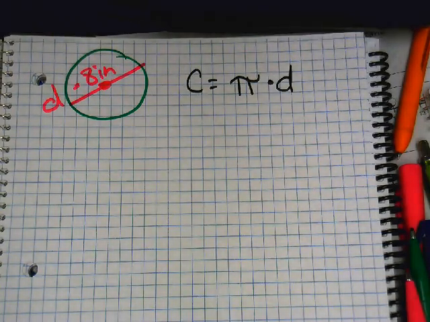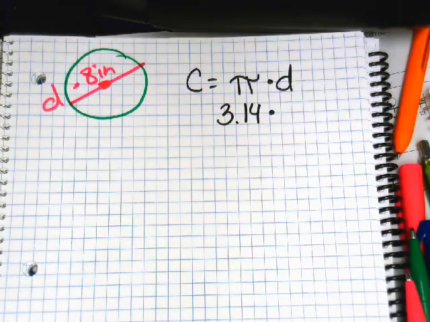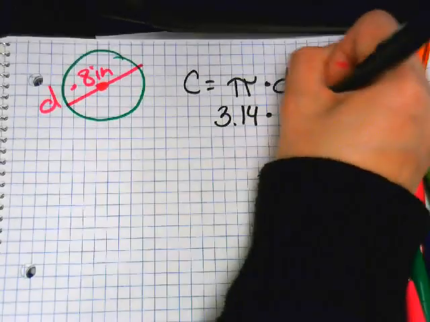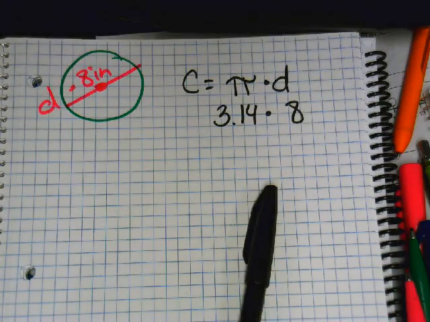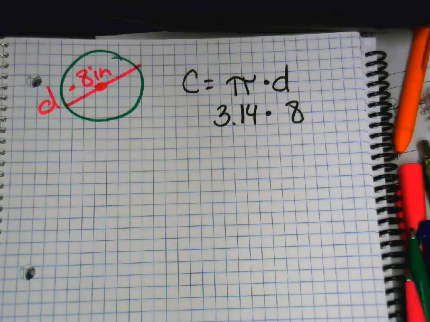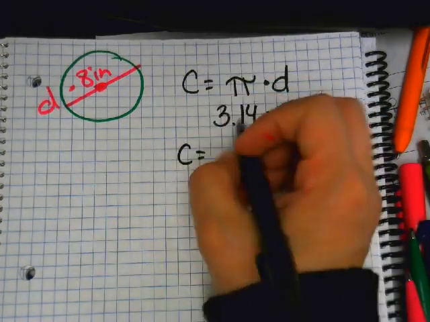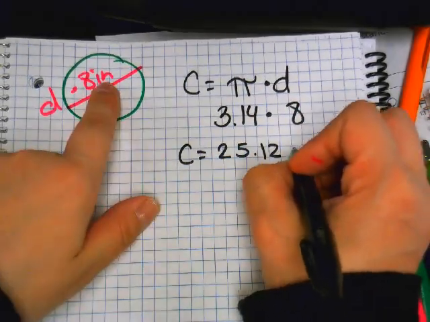What's pi? 3.14 times my diameter, 8. And what do we got? 24.88. No, what? Whoa, 25.12 inches.